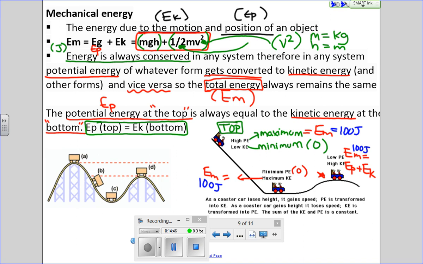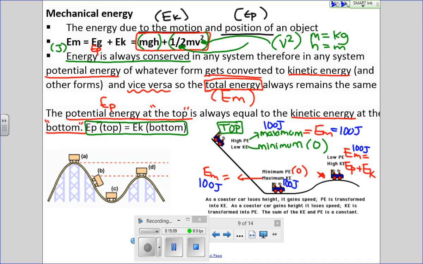Now what would change is how much each type, potential and kinetic, was actually contributing to it. At the top, my potential energy would be 100 joules. All of my mechanical energy would be coming from potential energy. At the bottom, my kinetic energy would be 100 joules.